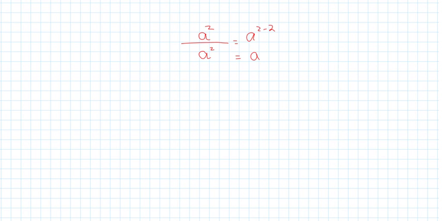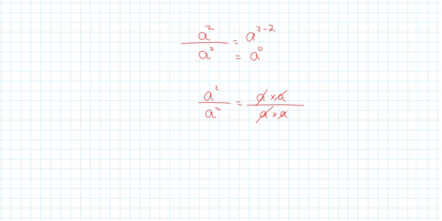Now let's take the same question and expand it. That's going to be a times a over a times a. When you divide something by itself, what do you get? 1.